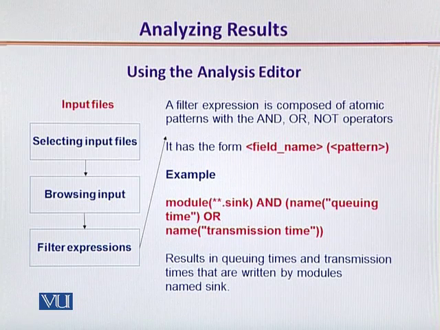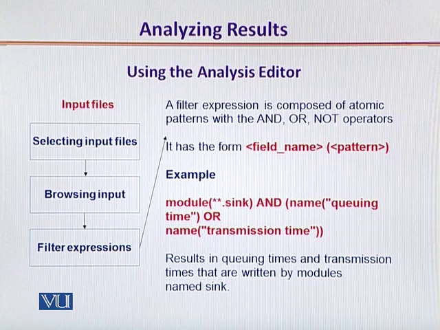The notation is the field name and the pattern that we want to choose. The field name can be the module, the file, the parameter name, and if we want to append it, like SQL query, with another kind of module or file or variable.